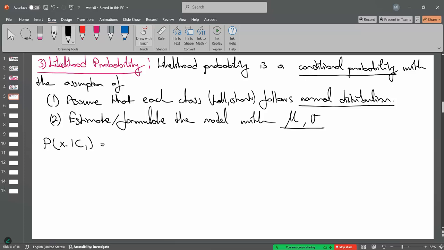Aslında bu böyle bir şey. Diğerinde veriyi verip klasın içindeki değerini araştırıyorduk. Ama burada ne yapıyoruz? Bu sefer klası veriyoruz. Bu x'lerden kaçı buna giriyor? Bunu hesaplıyoruz. So, in this case, we need to build this one, x intersection c1 divided by p c1, right?